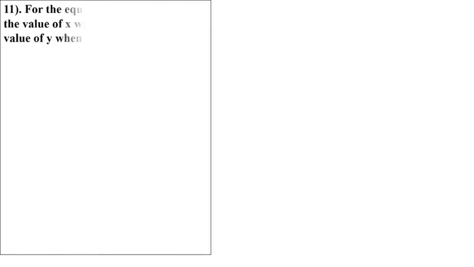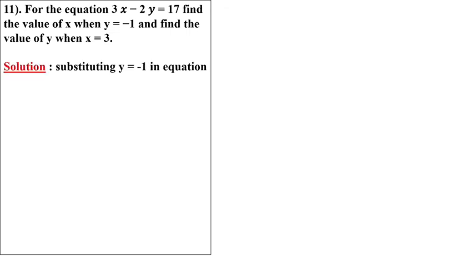Question number 11 is given. For the equation 3x − 2y = 17, find the value of x when y = −1 and find the value of y when x = 3. In the same equation, student, we have to put the value and find the value of the other. So now substituting y = −1 in the equation 3x − 2y = 17, we get 3x − 2 multiplied by −1 = 17.